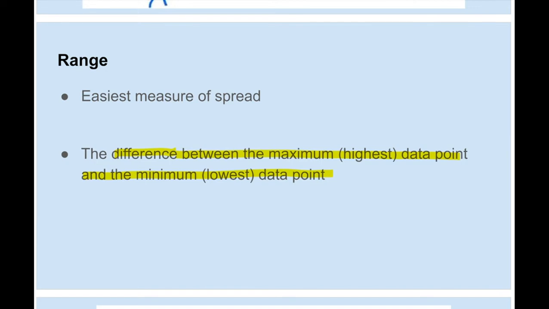So basically we take the highest data point and we subtract the lowest one from it, because remember, difference just means subtract. So we're subtracting our highest and our lowest data points. And that range is going to give us one indicator of how spread out our data is.